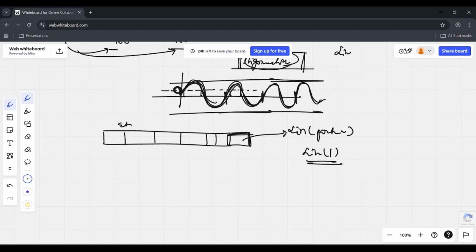If this is x, which represents your discrete positions, then for this line, all of them will have the same sine value. And if at this position I have a certain value, and at this position I have a certain value, then if two different positions represent the same number, that's a problem.